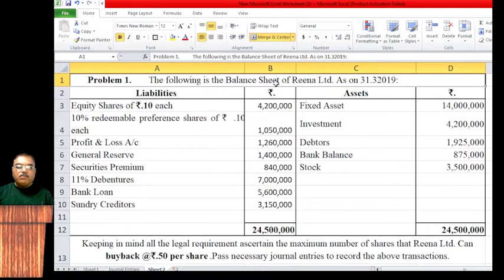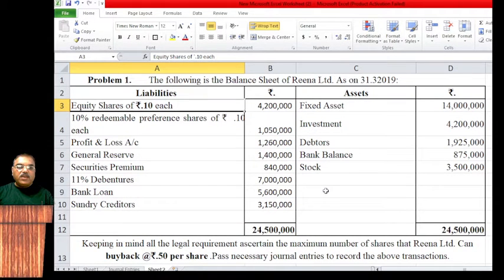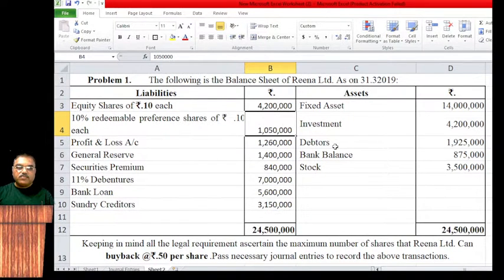The following is the balance sheet of RINA Limited as on 31st March 2019. Liabilities and assets. Equity shares of rupees 10 each, 42 lakh. That means 4,20,000 equity shares of rupees 10 each. Then 10% redeemable preference shares of rupees 10 each, that is 10,50,000.